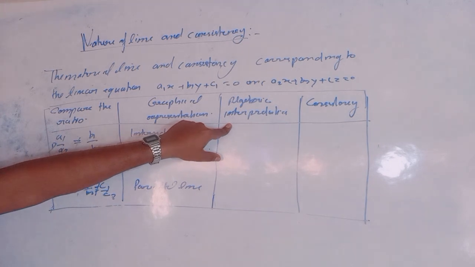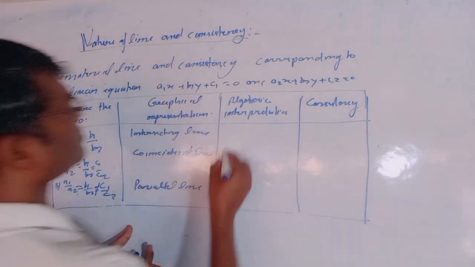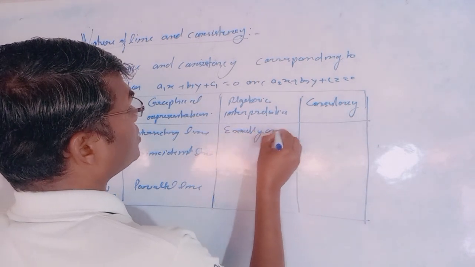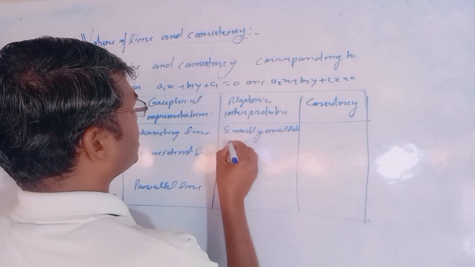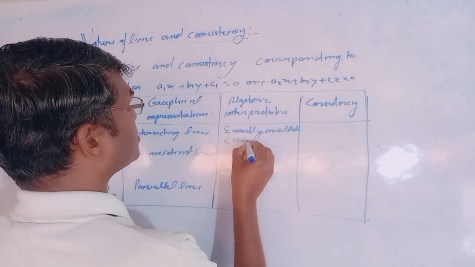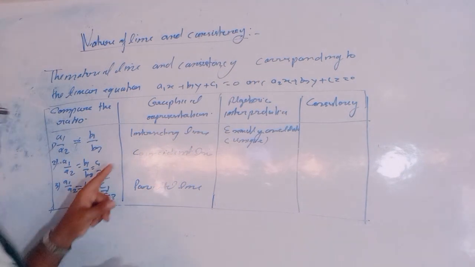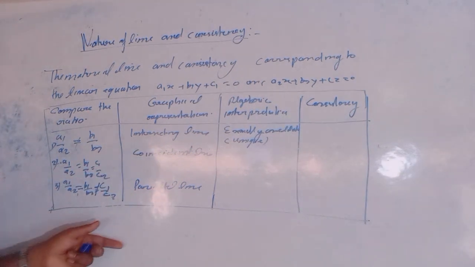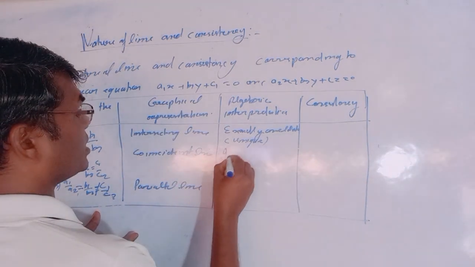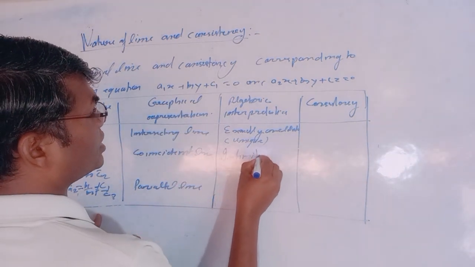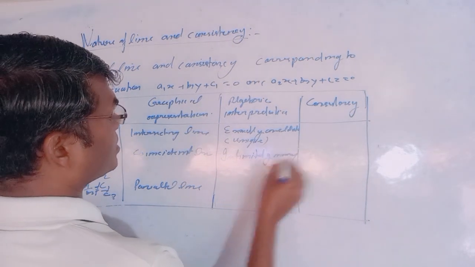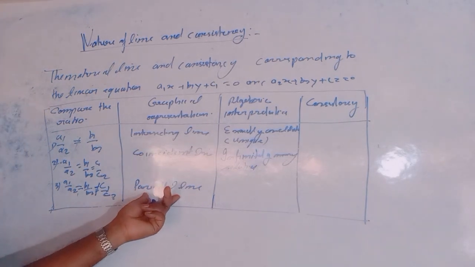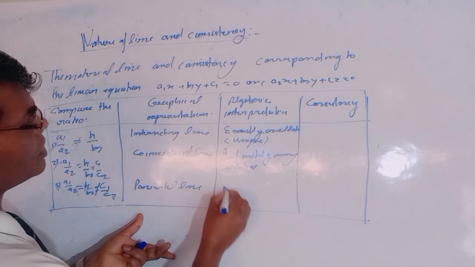Exactly one solution is called a unique solution. Second, a1 by a2 equals b1 by b2 equals c1 by c2 gives infinitely many solutions. And the third, parallel lines, have no solutions.